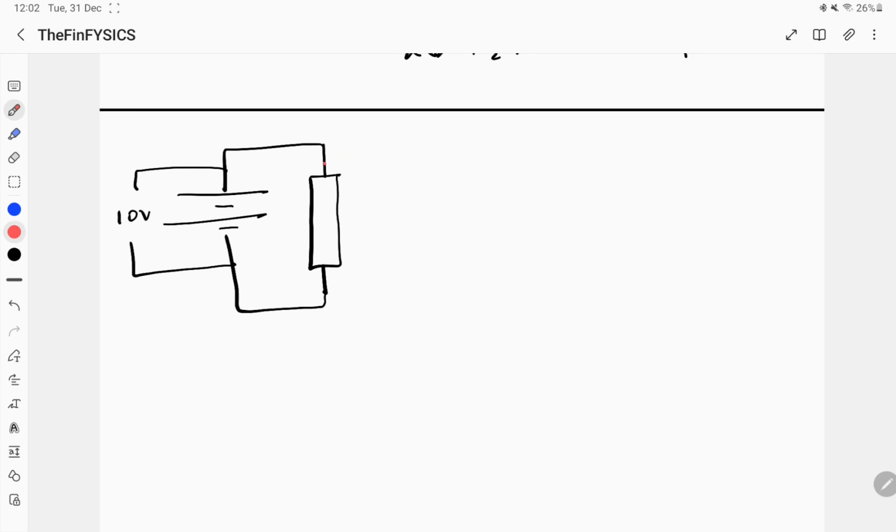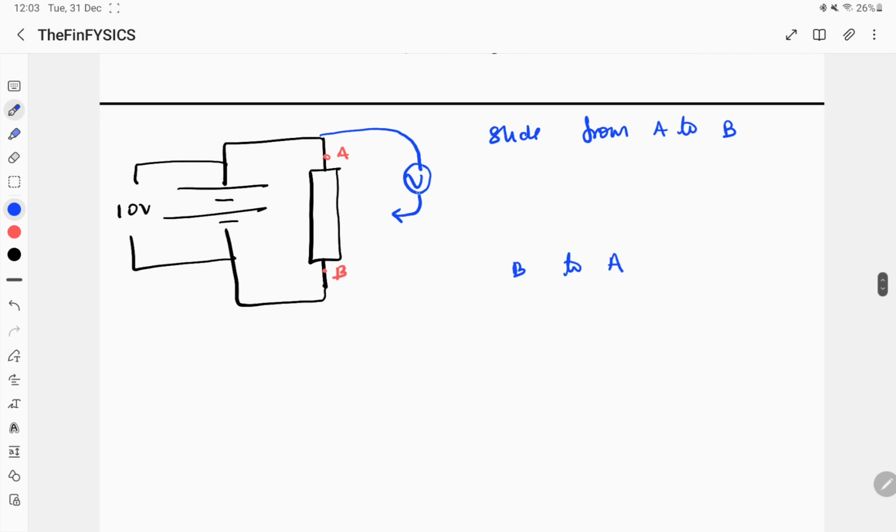Just marking 2 points on this, point A, point B. What I am going to do is take another wire, which is connected to the voltmeter, and this pointer I am going to slide from A to B first, and then slide from B to A, and I am going to see what happens to the voltmeter readings.